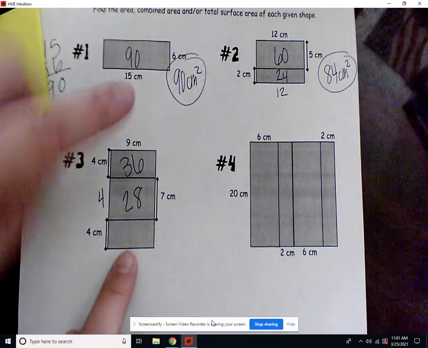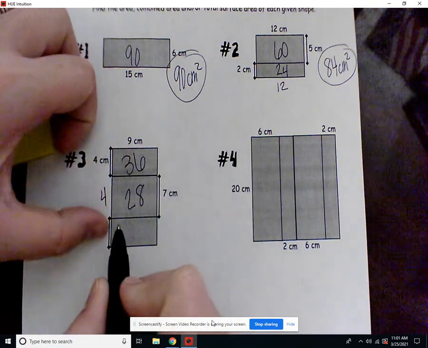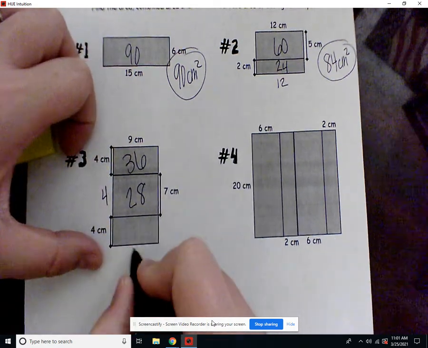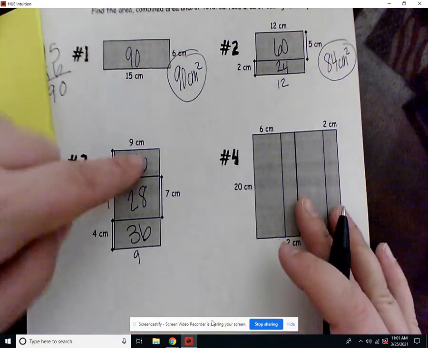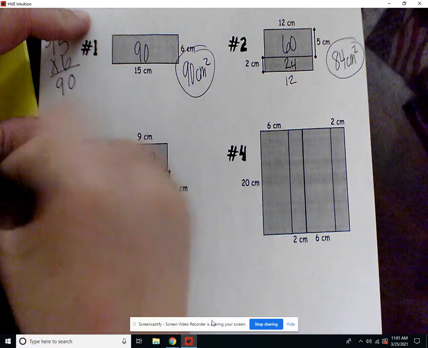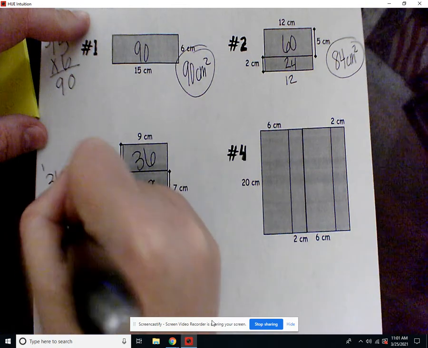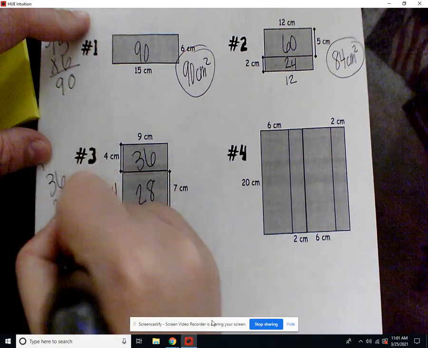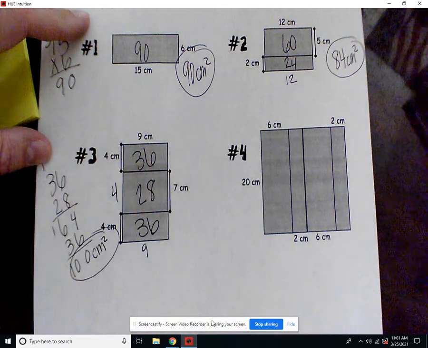But if we look again at the top, if this is 9, then this line's 9, then this long one's 9, then this one's 9. So 4 times 9 is 36. Then we're going to add up all 3 numbers. So 36 and 28. And then we'll add the last 36 together, which makes 100 centimeters squared.